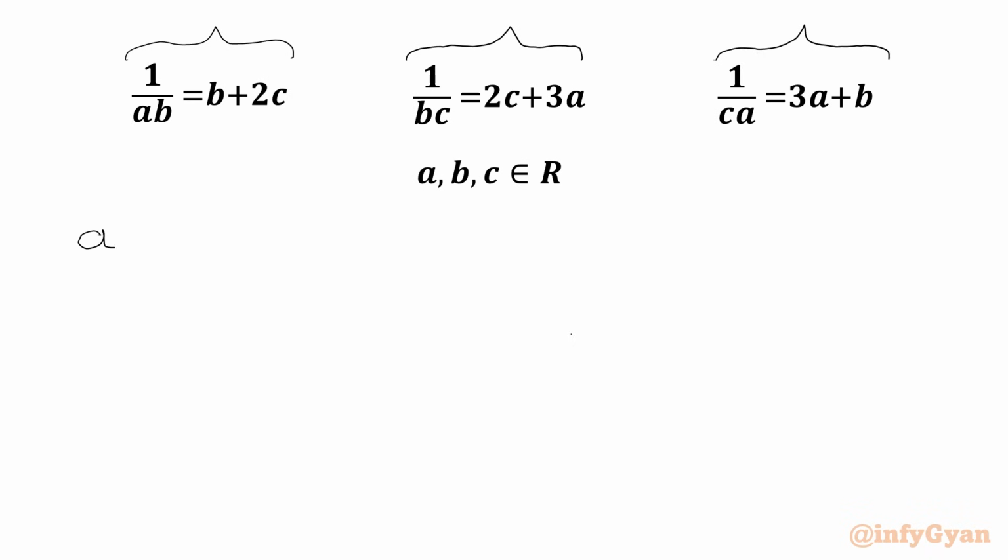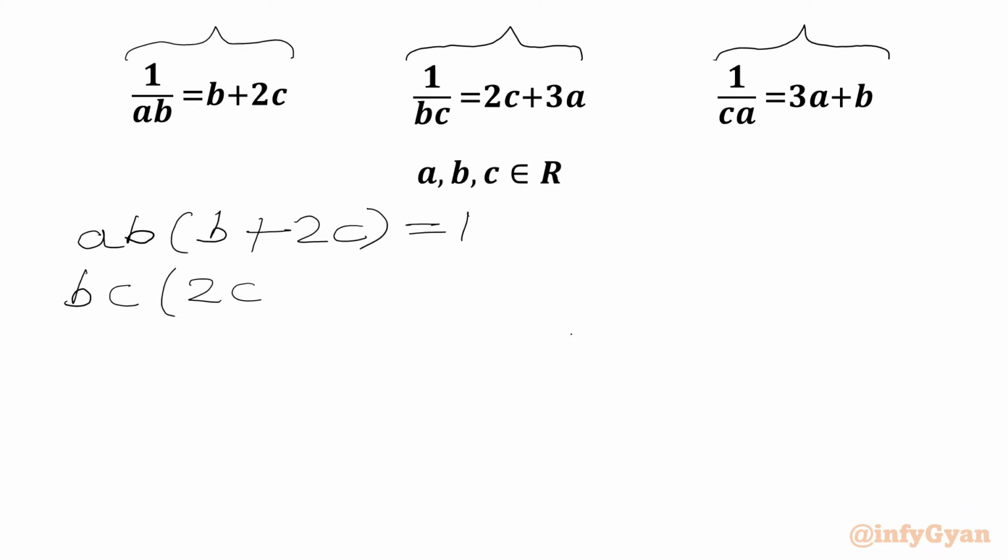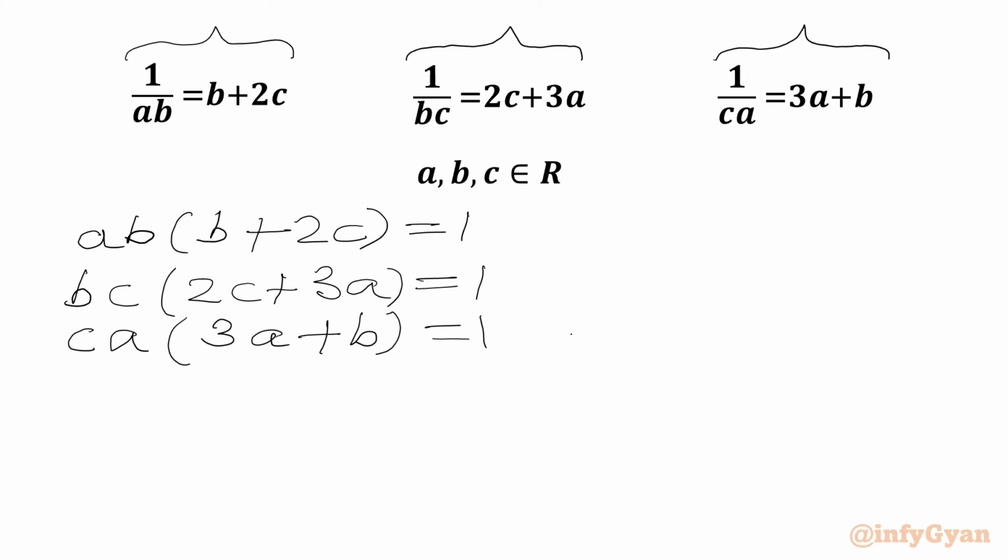So we will get ab times b plus 2c equal to 1, bc times 2c plus 3a equal to 1, and from third equation ca times 3a plus b equal to 1.